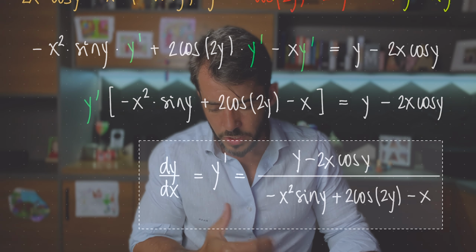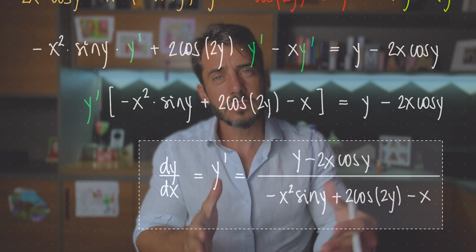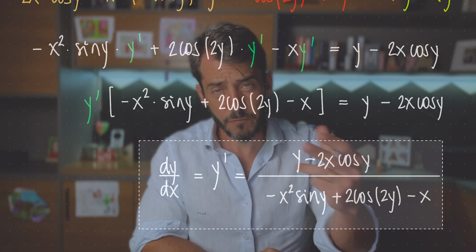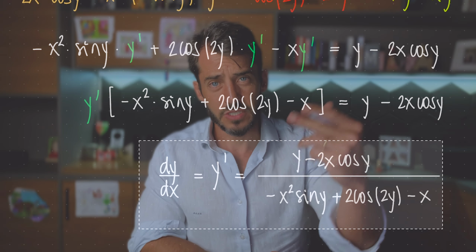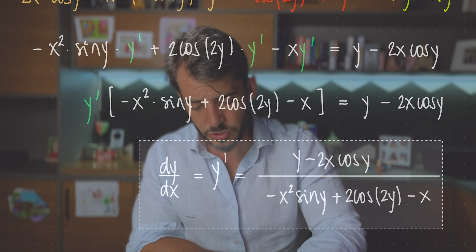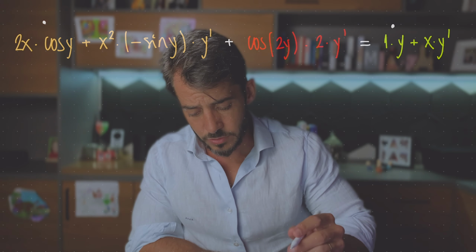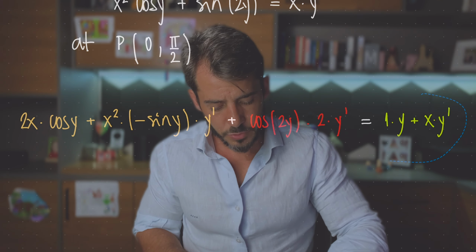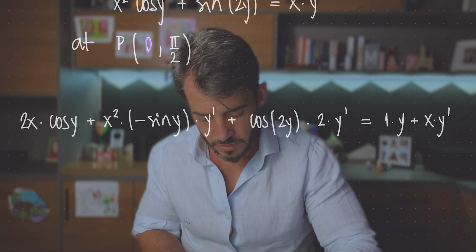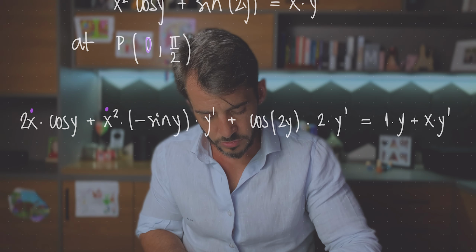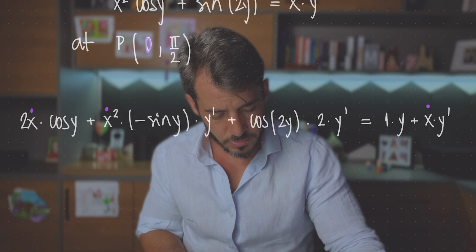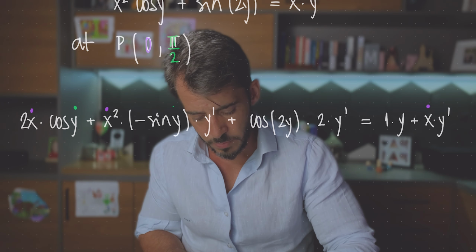Why do we not need to do that? Well, on the first step of this differentiation process, this one right here, we can already replace the coordinates of the point, so x being equal to 0 and y being equal to pi over 2.